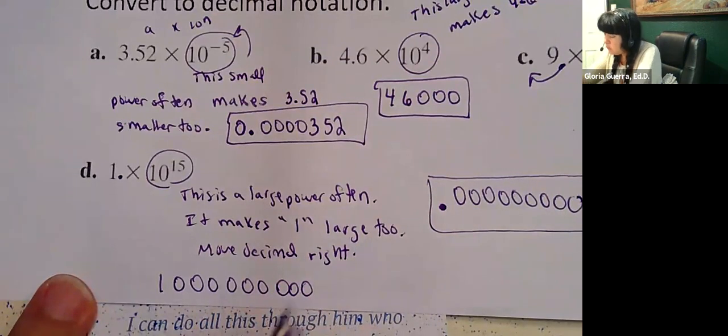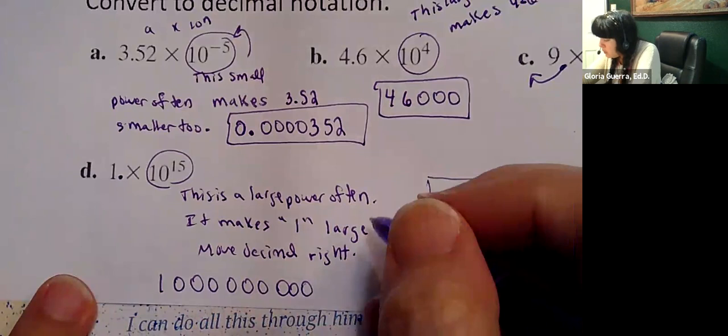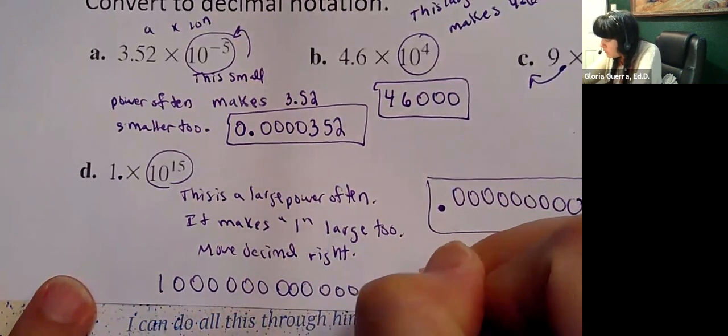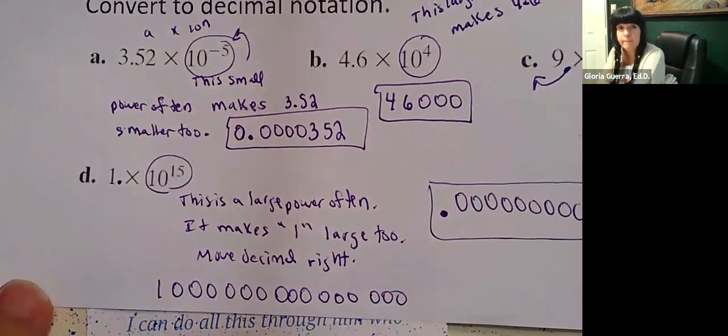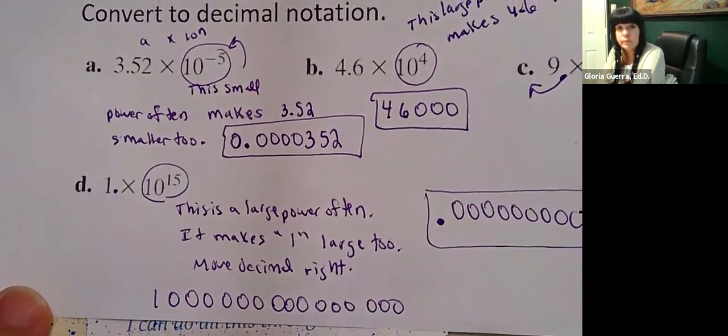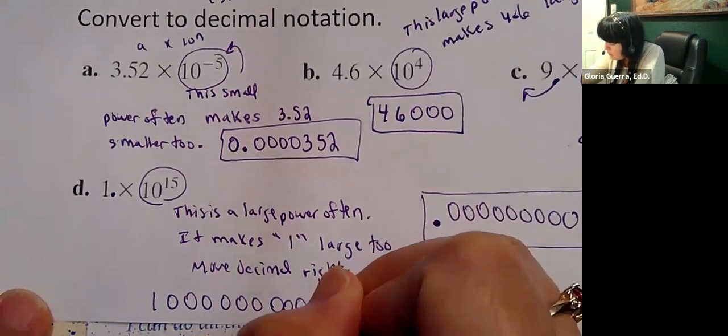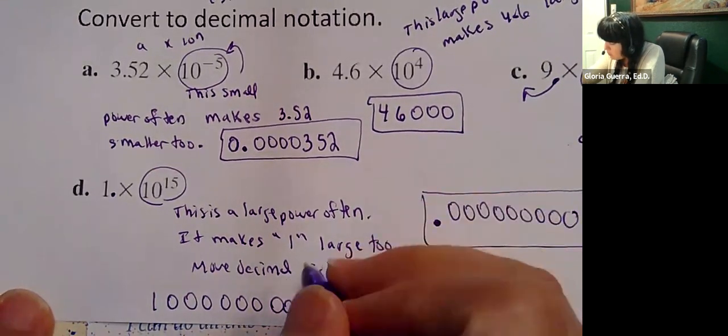I was at 9 zeros. 9, 10, 11, 12, 13, 14, 15. Okay. So put my commas 1, 2, 3, comma, 1, 2, 3, comma, comma.